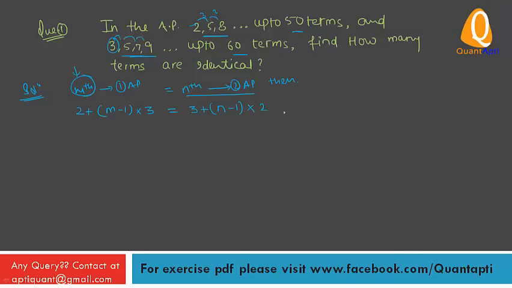Solve the same. You get 3m minus 1 equal to 2n plus 1. Further solving this, 3m is equal to 2n plus 2. Now m by 2 equal to n plus 1 by 3.